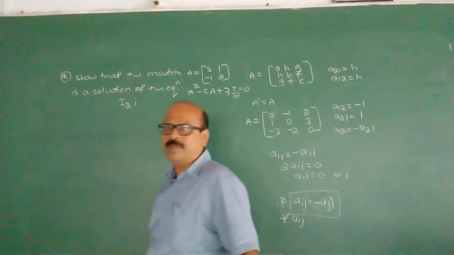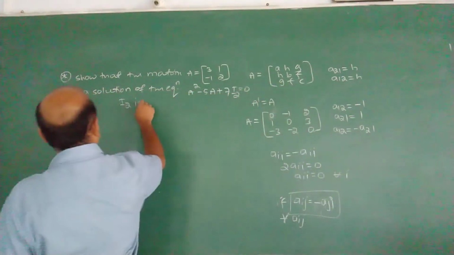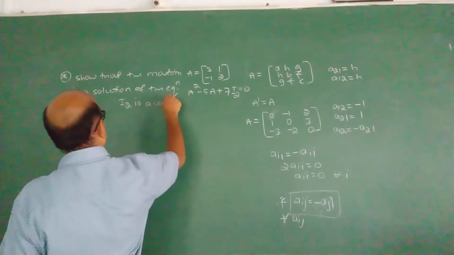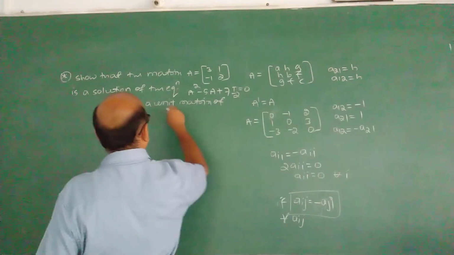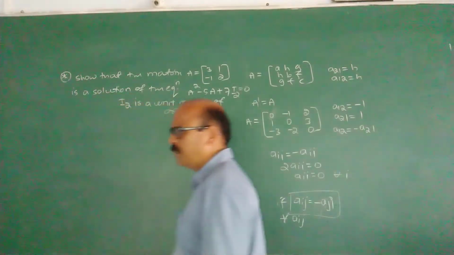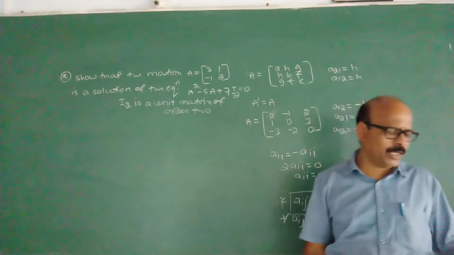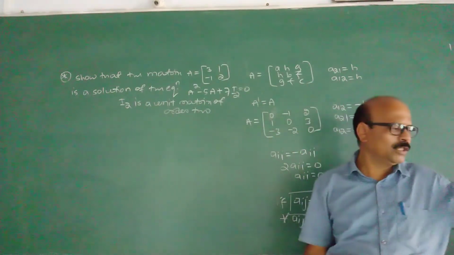What is the meaning of I2? You know what is I2? I2 is a unit matrix of order 2. In is unit matrix of order n. A square minus 5A plus 7I2 is 0.